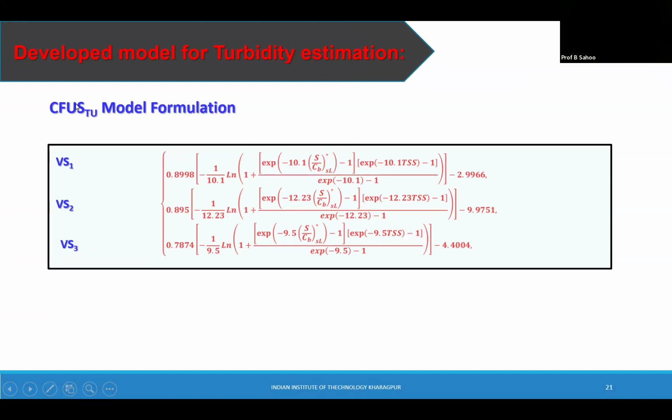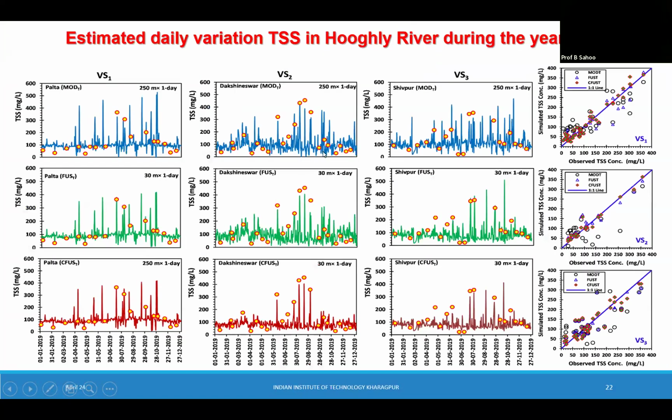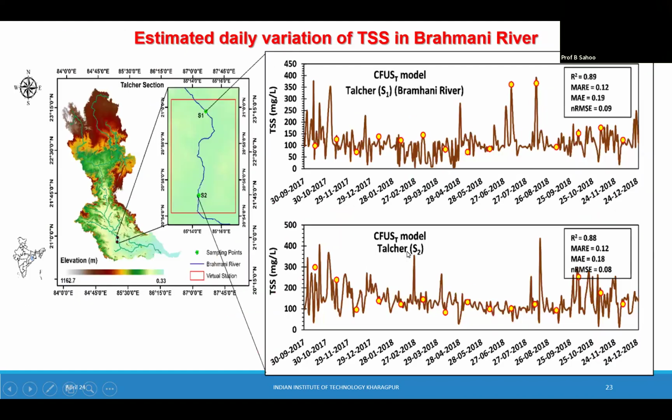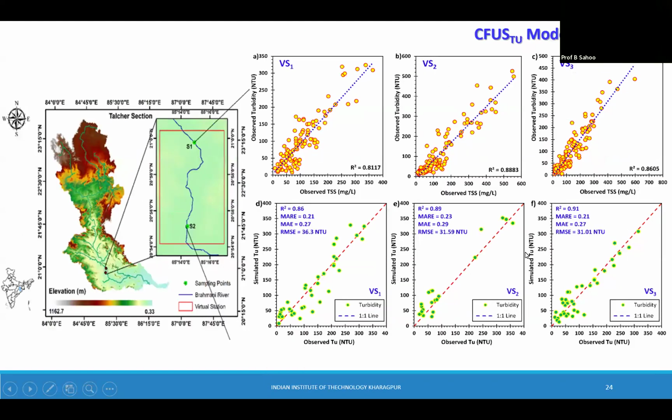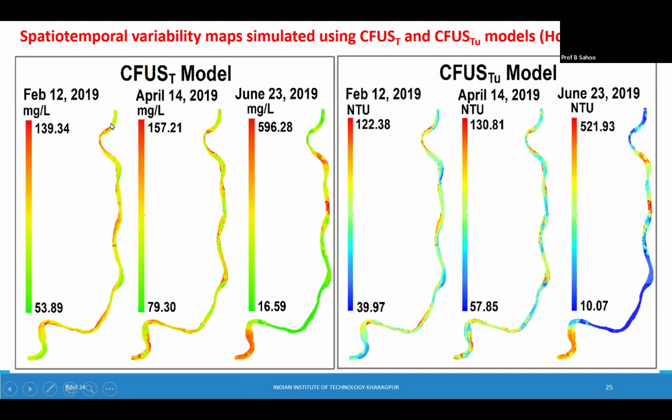This is also following the time series, and at different times I can get the data on a daily scale. These are the measured, observed values at discrete time scales over a longer duration. So every day I can tell that at this location, this TSS value is this much, or the turbidity value is this much. By that we can develop the maps.